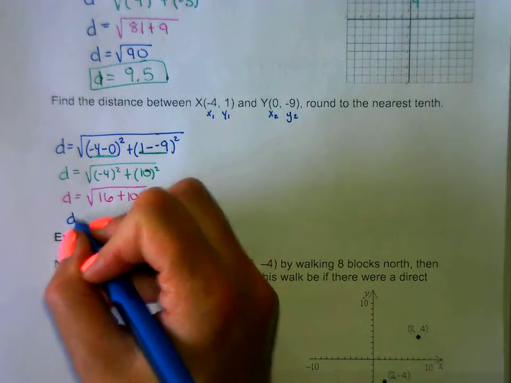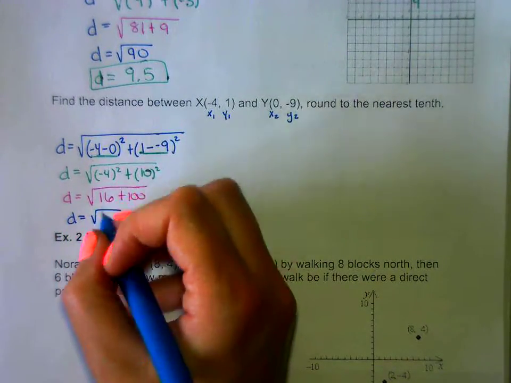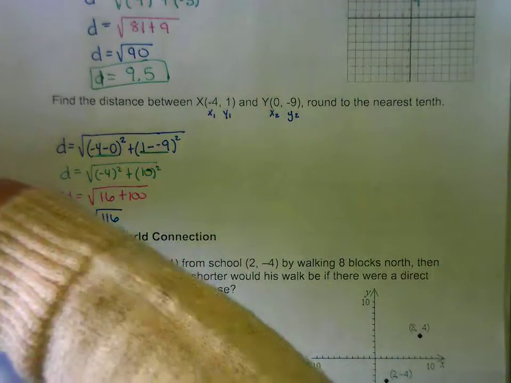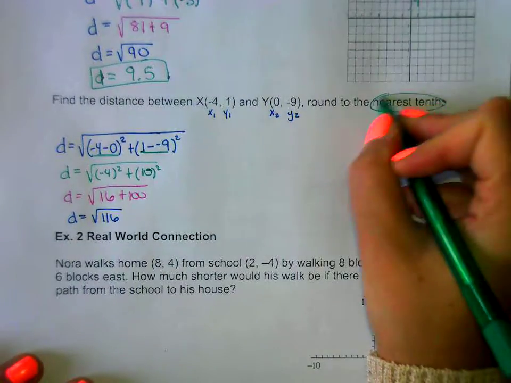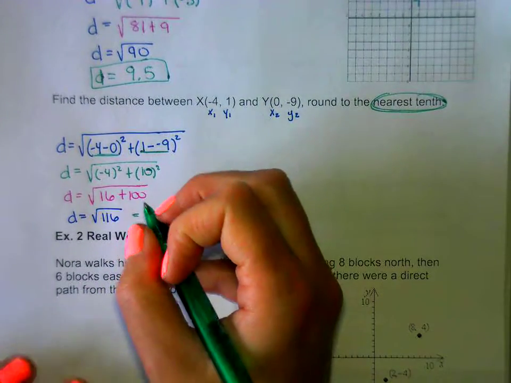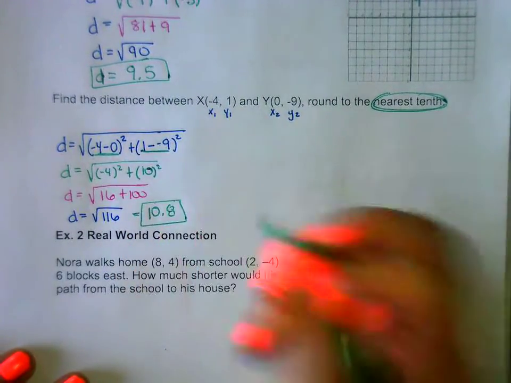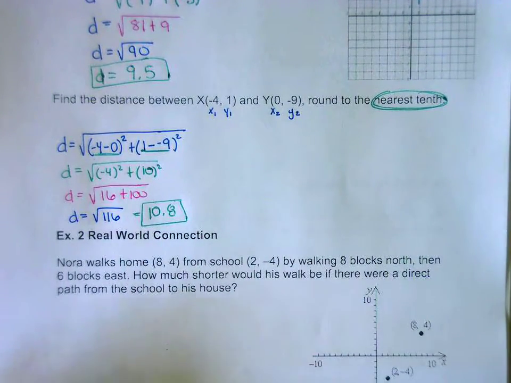So the distance is going to equal the square root of 116. And once again, we are rounding to the nearest tenth. So the square root of 116 is 10.8. So that's my distance between X and Y.